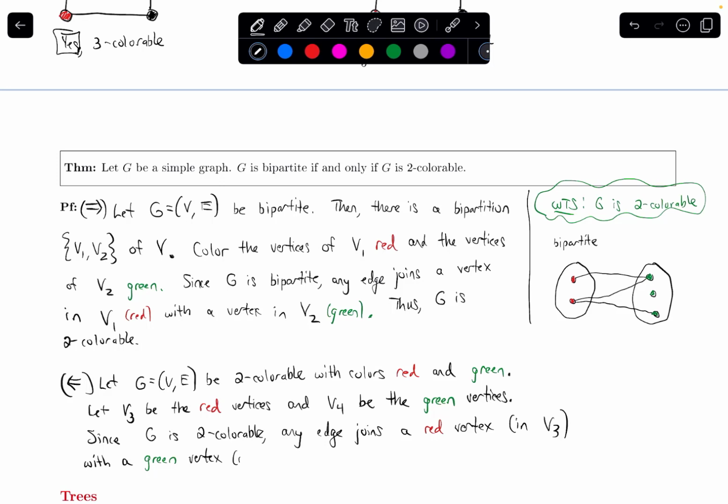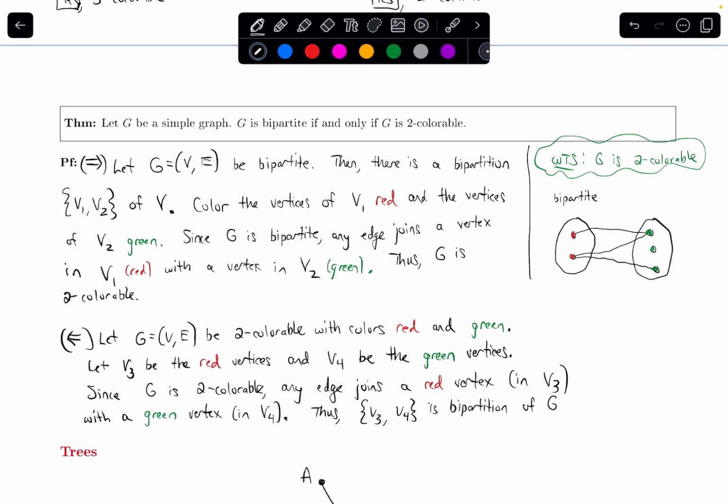And we're saying the green vertices are in V4. So what we've just shown is that any edge joins a red vertex with a green vertex. In other words, it joins a vertex that's in V3 with a vertex that's in V4. But that's exactly what it means for the graph to be bipartite. So thus, V3, V4 is my bipartition. This is a bipartition of G, and that's what I wanted to show to complete this direction, to show that it's bipartite.